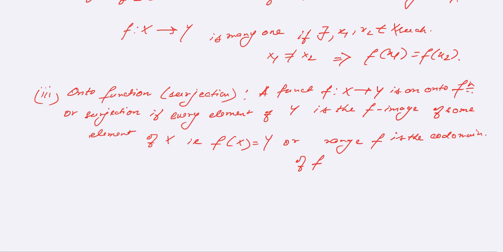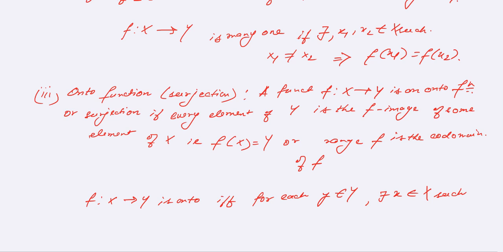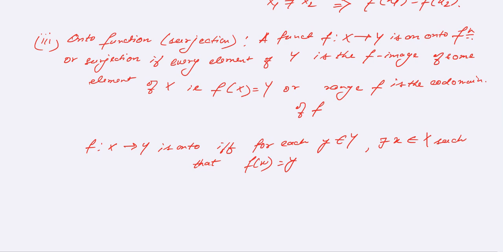Thus, what we are trying to say here is f: X to Y is onto if and only if for each y belonging to Y there exists x belonging to X such that f(x) is equal to y.